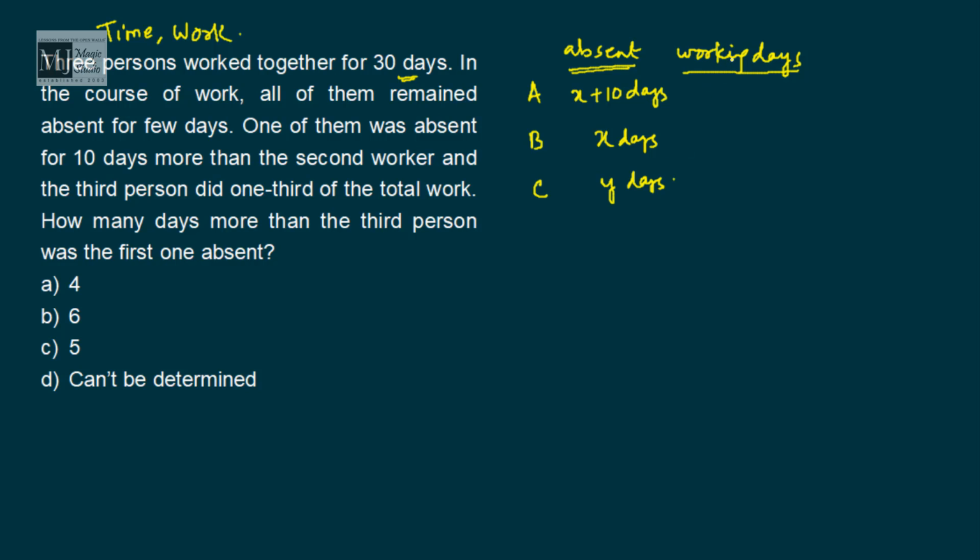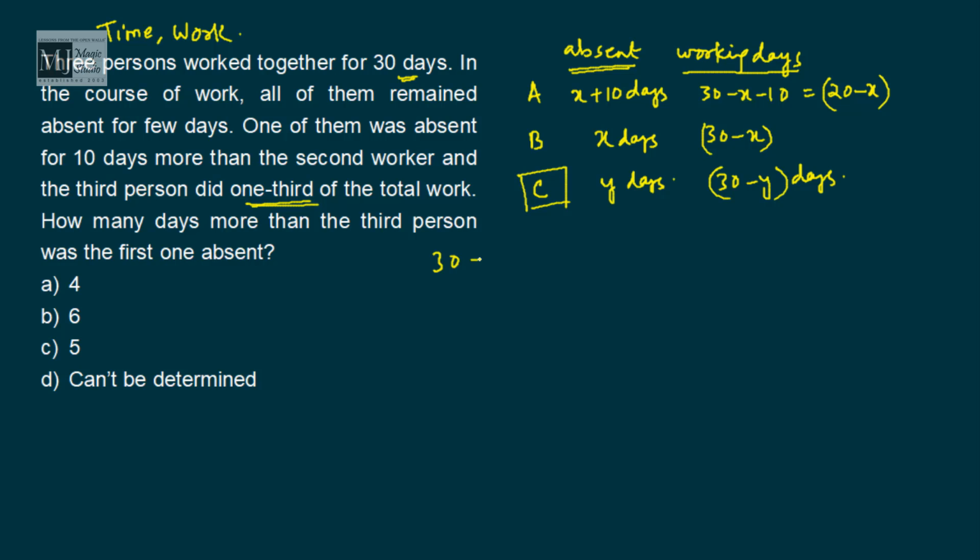Now, the working days for A are 30 minus X minus 10, that is 20 minus X days he worked. B worked for 30 minus X days, and C worked for 30 minus Y days. Now, important information is given regarding C: he produces 1/3 of the total work.